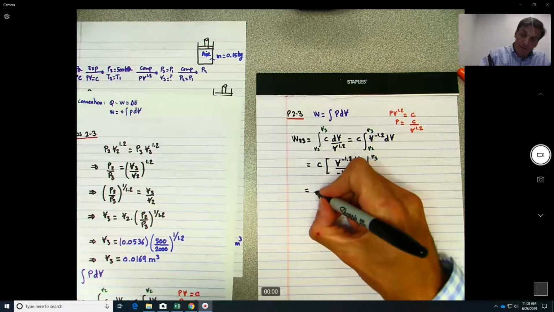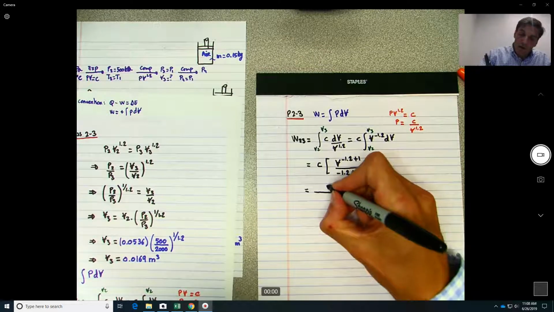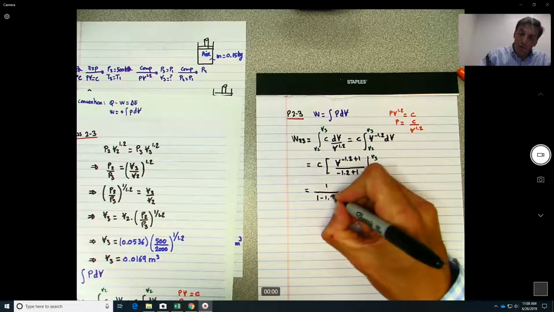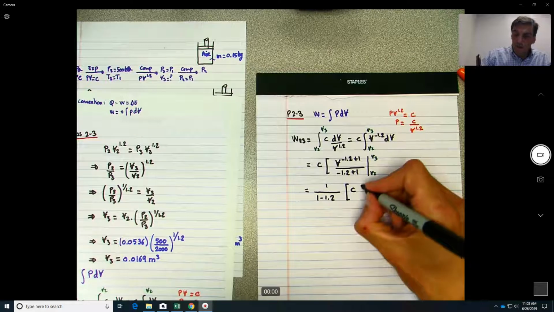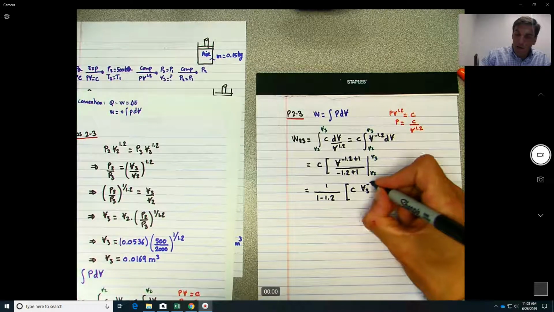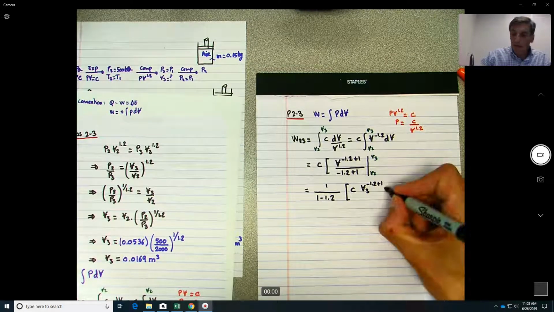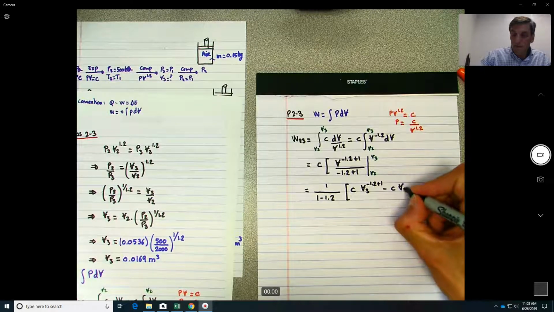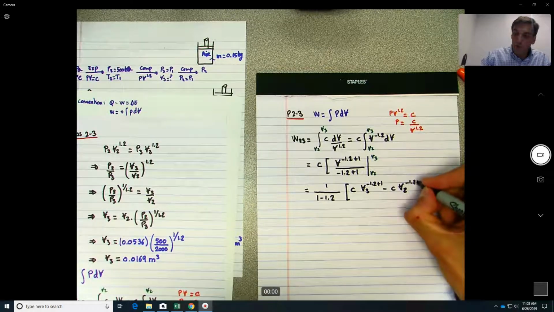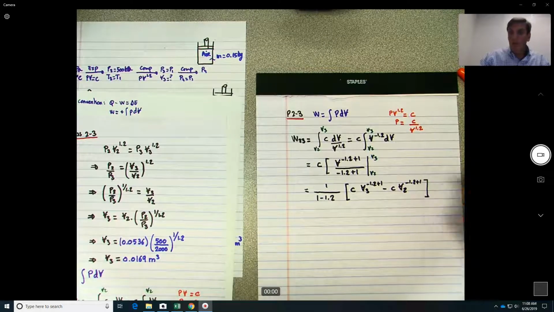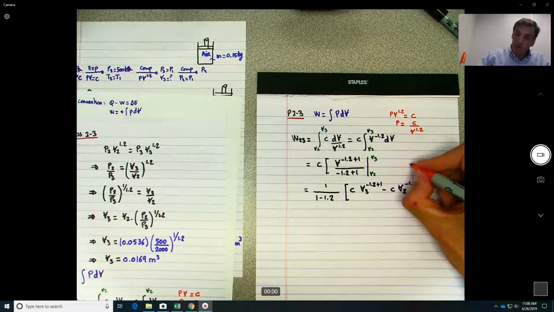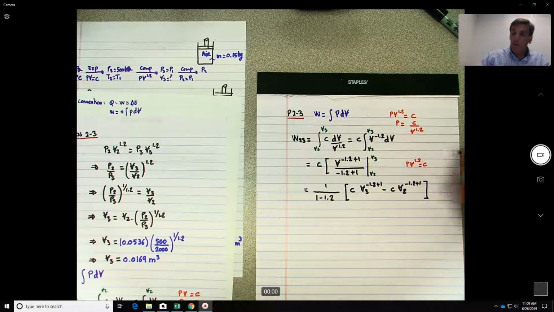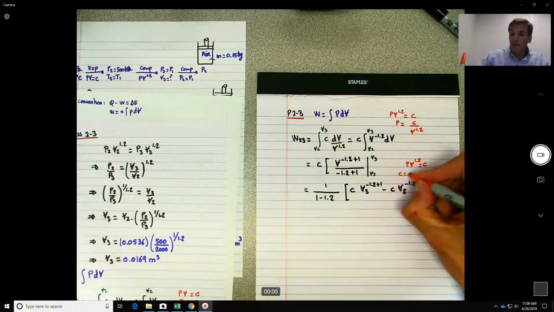So this gives 1 over 1 minus 1.2 times C V3 to the minus 1.2 plus 1, minus C V2 to the minus 1.2 plus 1. Okay, as before, in this case we know that PV^1.2 equals C. So that means that C could also be equal to what?